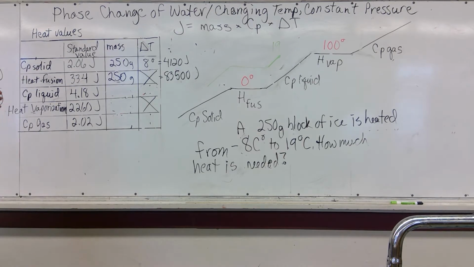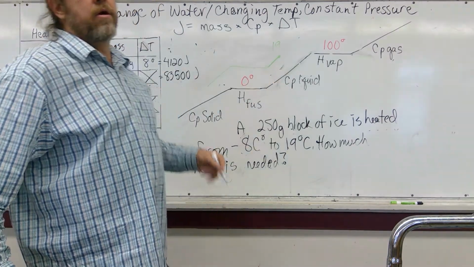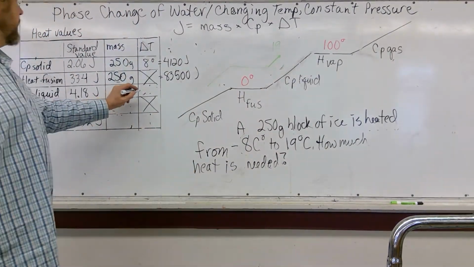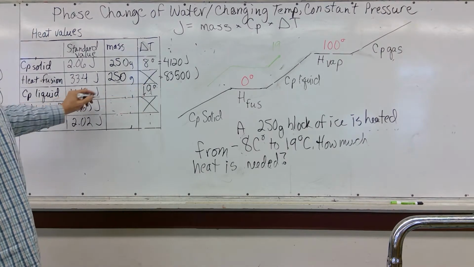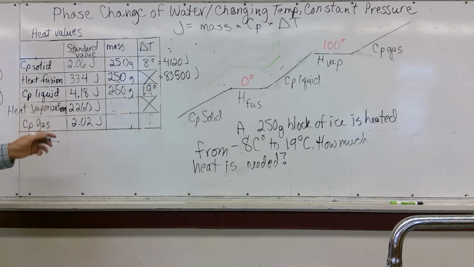Then finally, we have now melted it. And so we are marching further to the right here in heating it up from 0 to 19 degrees. So that is a change of 19 degrees as a liquid for this 250 grams. And the specific heat of liquid water is 4.18 joules.